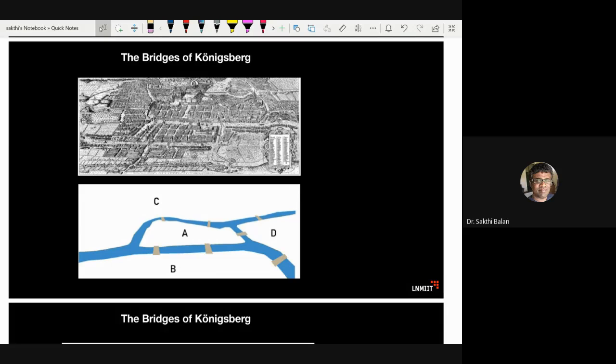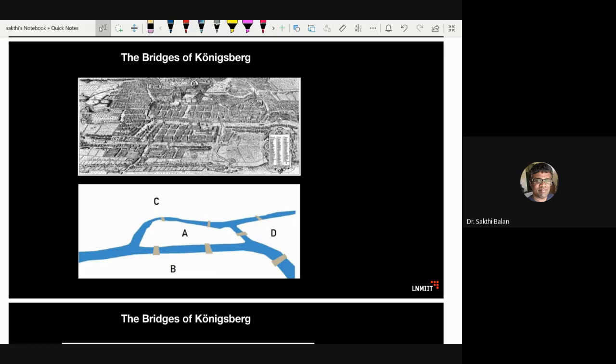It all started with a good story about a problem called the Seven Bridges of Königsberg. Königsberg is a city in Russia; at present, the name is Kaliningrad.